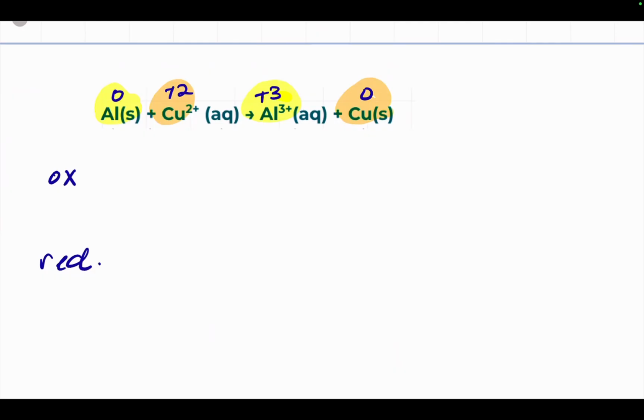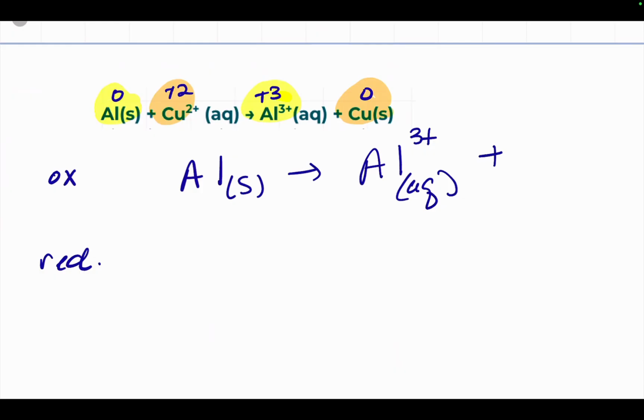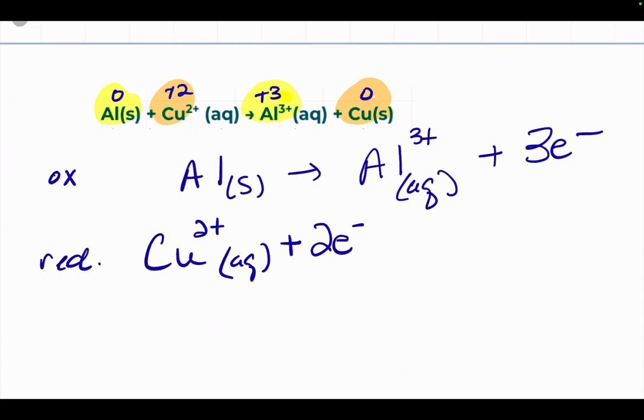My oxidation is going to be the aluminum solid turning into aluminum ions, and that would be a loss of 3 electrons. The reduction is the copper +2 ions gaining 2 electrons to become neutral copper metal. So then these are the half reactions.